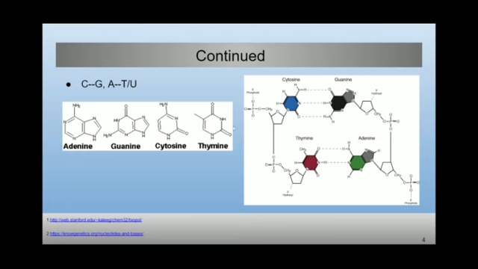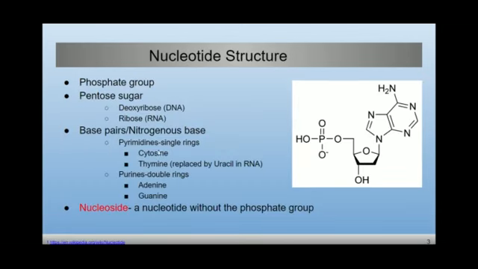Now, one more thing that could help you distinguish purines and pyrimidines is that the y in pyrimidines matches with the y in cytosine and the y in thymine. That's a really good way to memorize what the pyrimidines are. Now all you need to do is associate that pyrimidines have a single ring structure, and they are C's and T's.